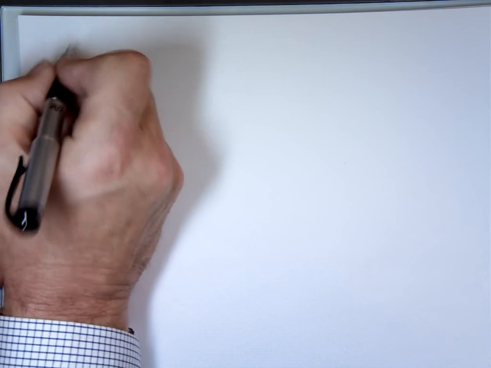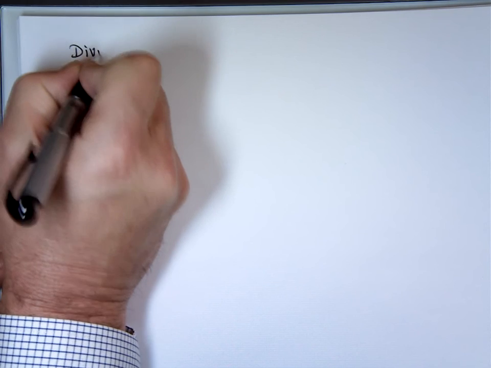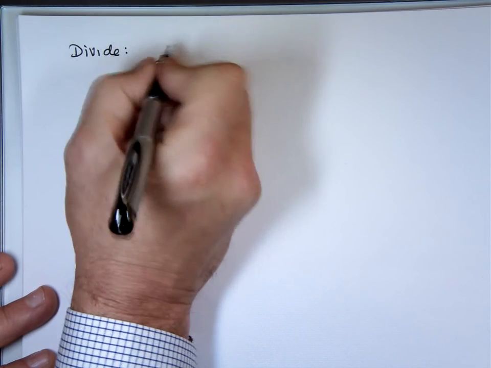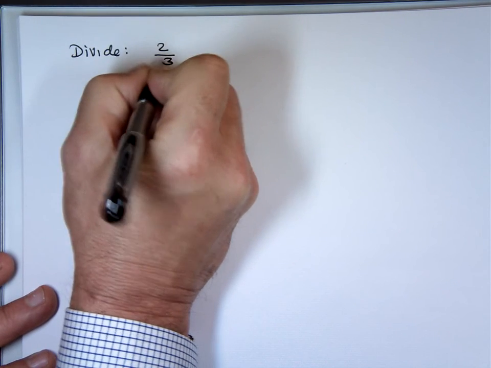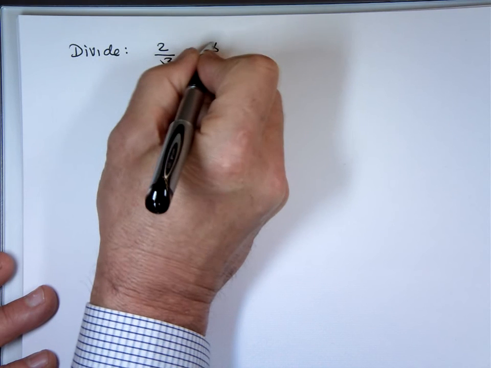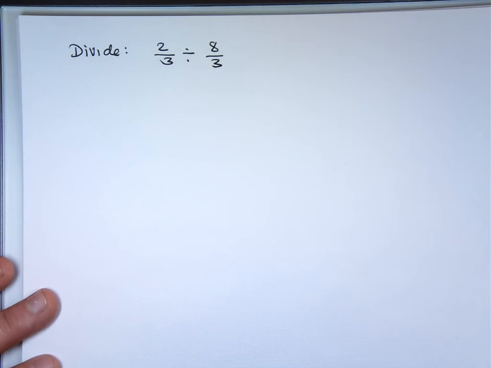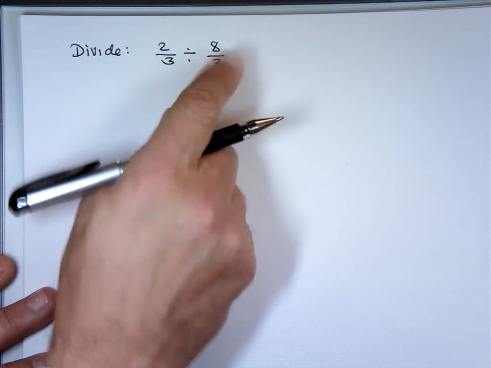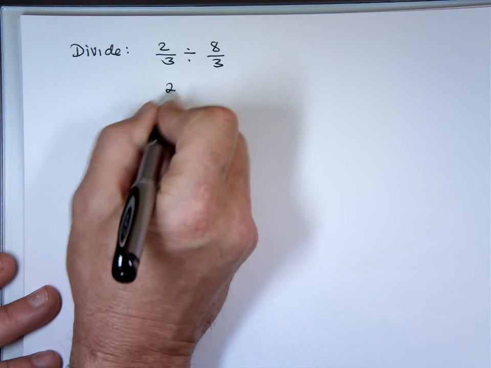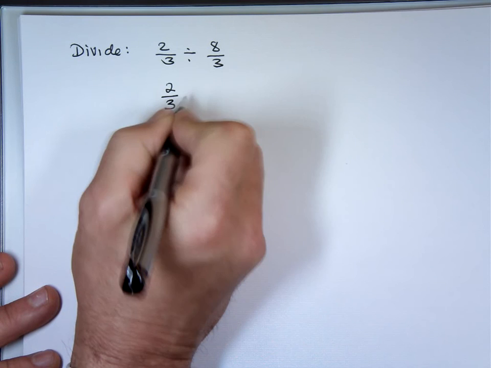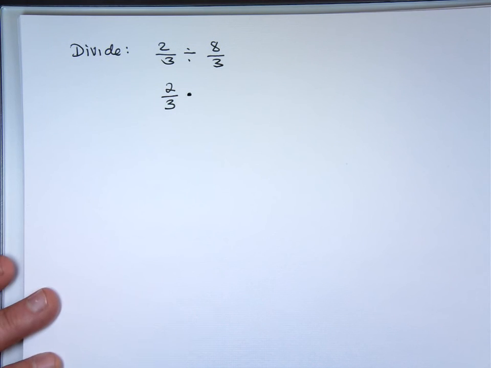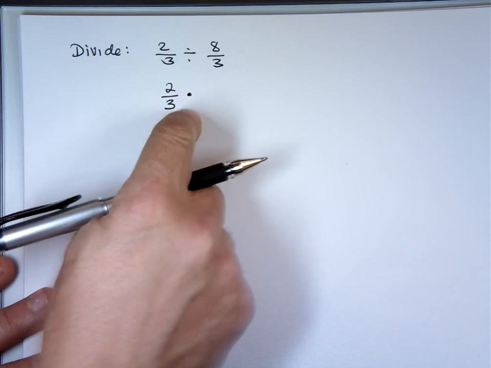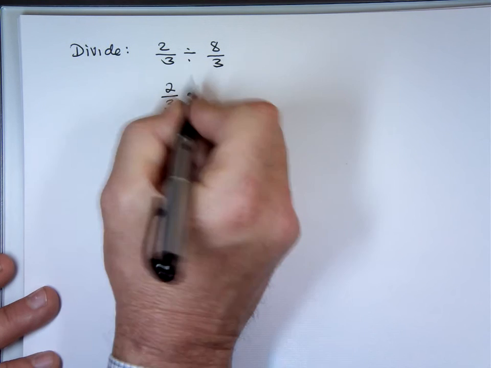Divide. 2/3 divided by 8/3. KFC: keep, change, flip. 2/3, keep the first one, change division to multiplication, flip the second one. 3/8.